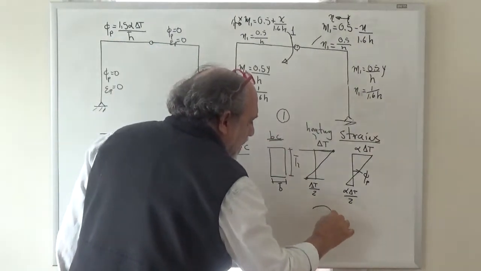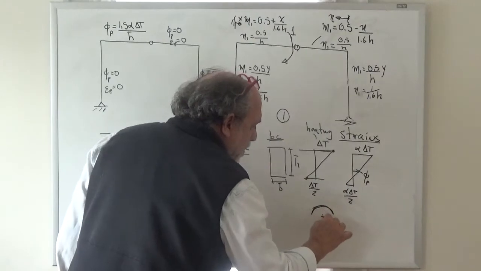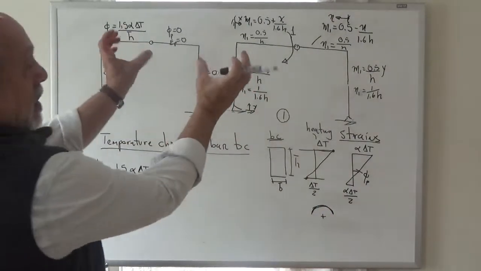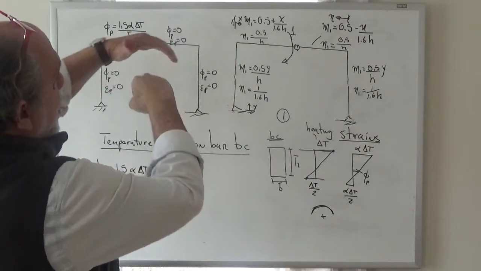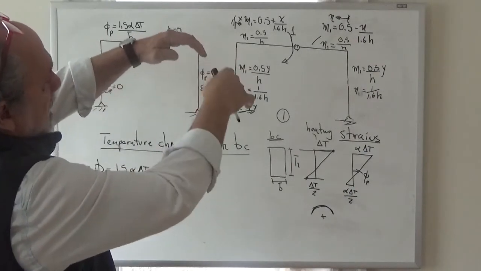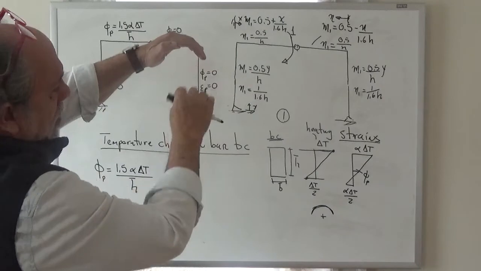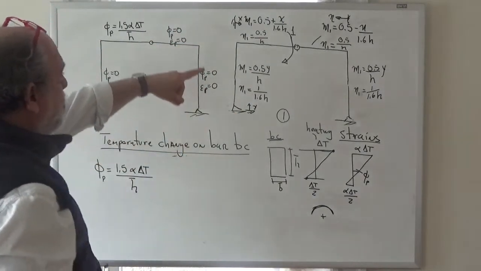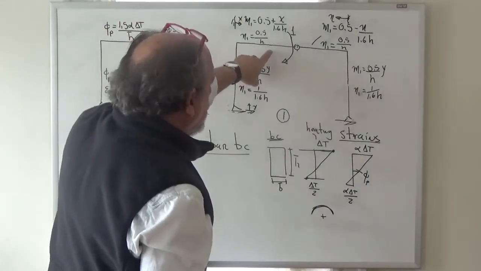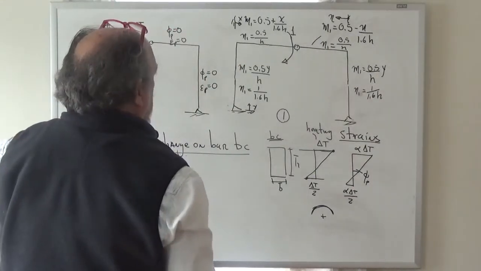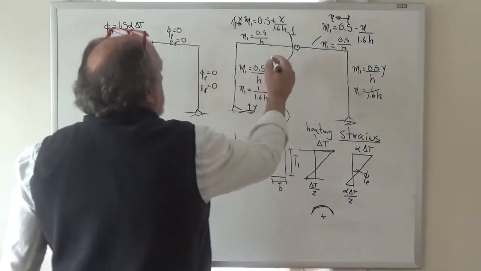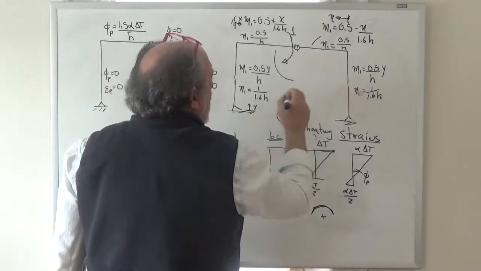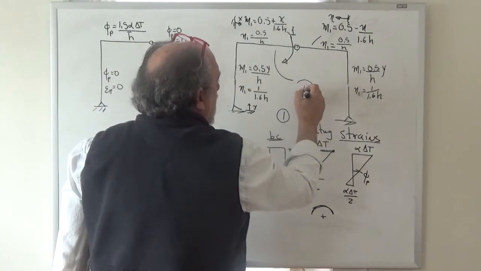Therefore, this is what's happening due to temperature, right? It's like this kind of bending, right? The temperature is increasing the fibers on the top of BC, reducing the length on the bottom, so it's doing that. Therefore, we have to see what was our sign convention when we did the unit load. And we can find that on BC, we used the sign convention for M1, which was also like this.